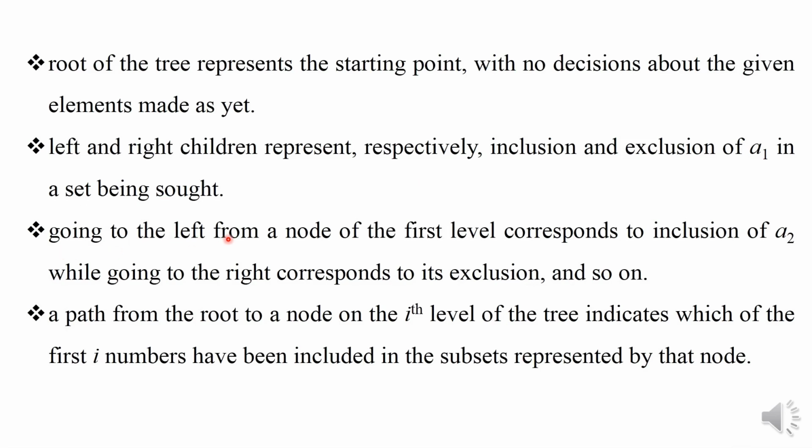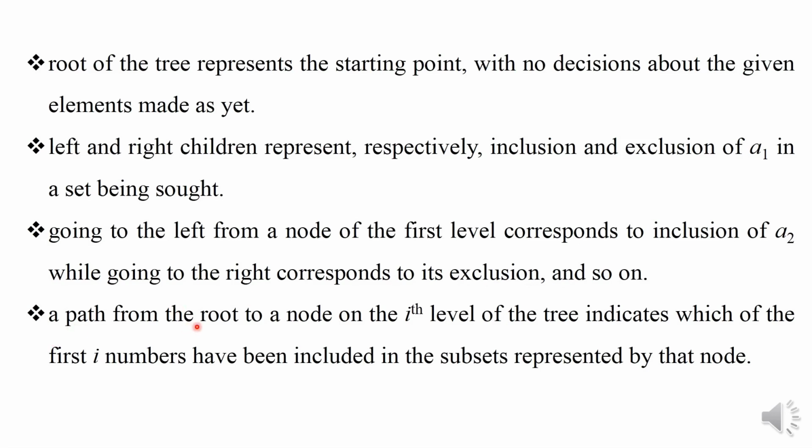So going to the left from a node of the first level corresponds to the inclusion of A2, whereas if you go to the right from the root, it corresponds to its exclusion. That means A2 was not included.